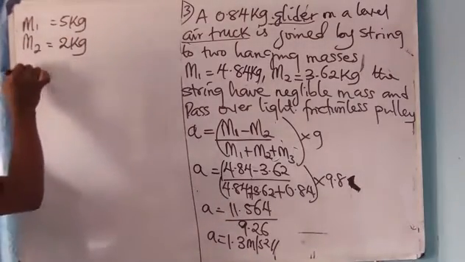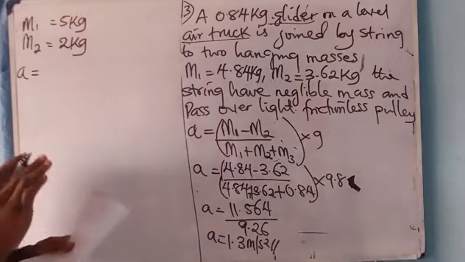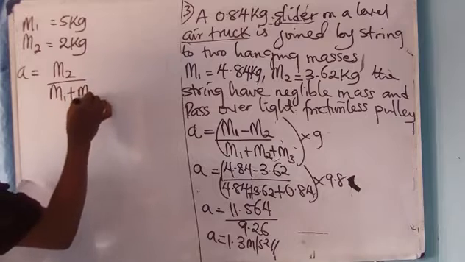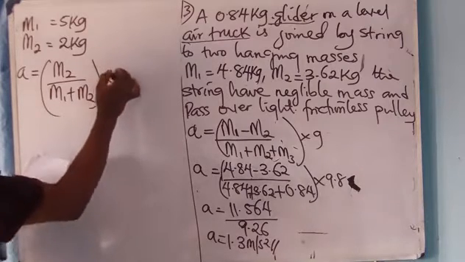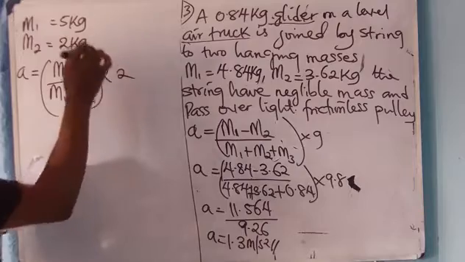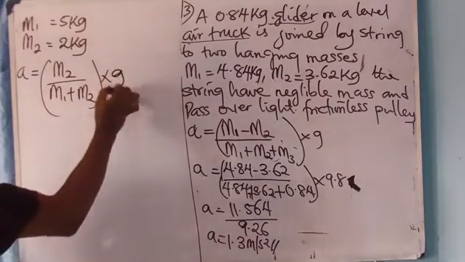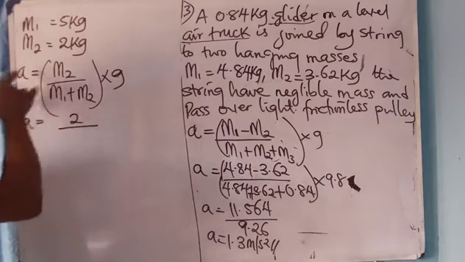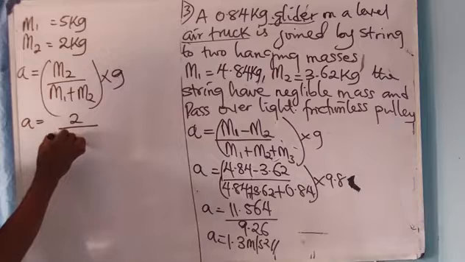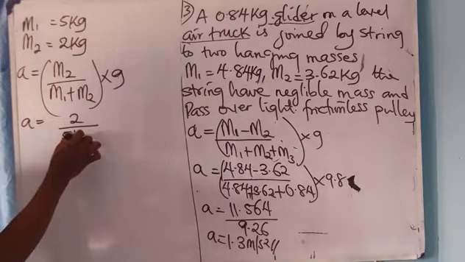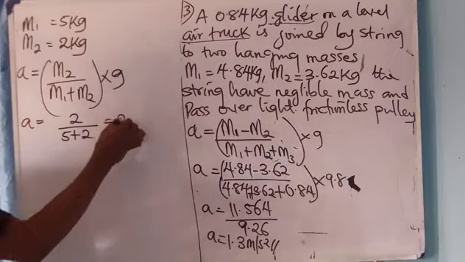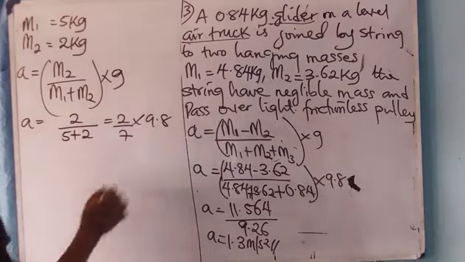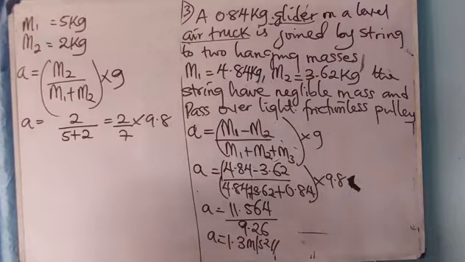Okay, air truck glider, calculate the acceleration. Now, I told you that in an air truck glider, the acceleration is usually M2 over M1 plus M2 times G. So acceleration equals M2, which is 2, over M1, which is 5 plus 2, so I have 2 over 7, then times 9.8. I believe this is the right one.